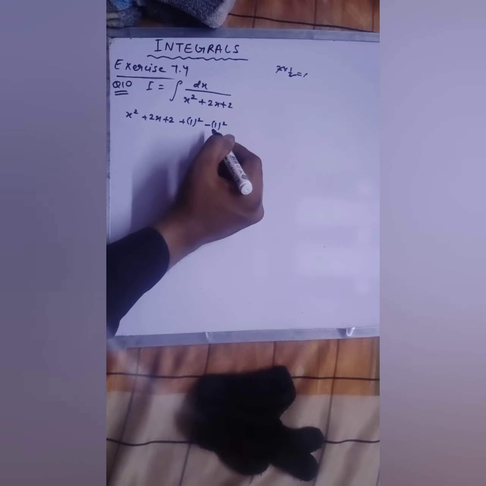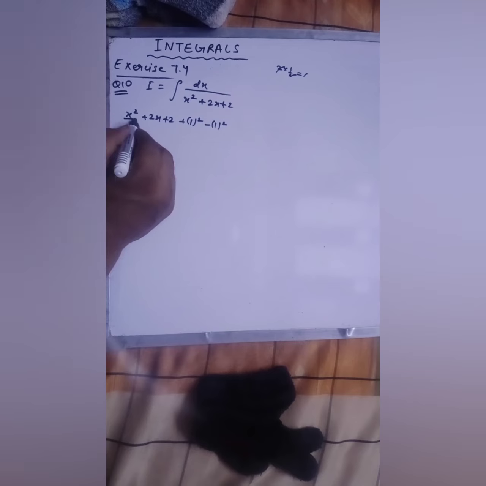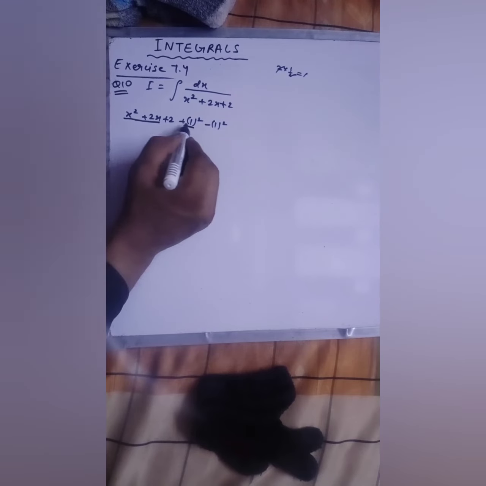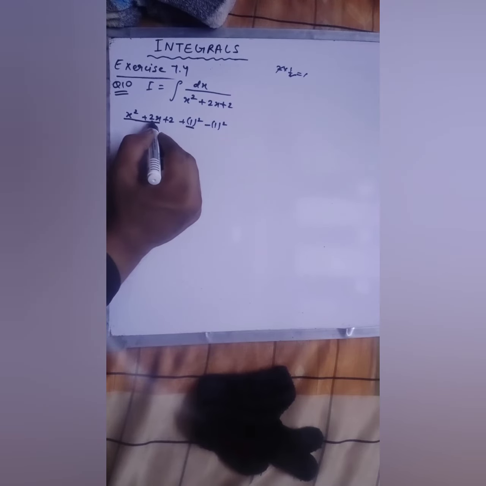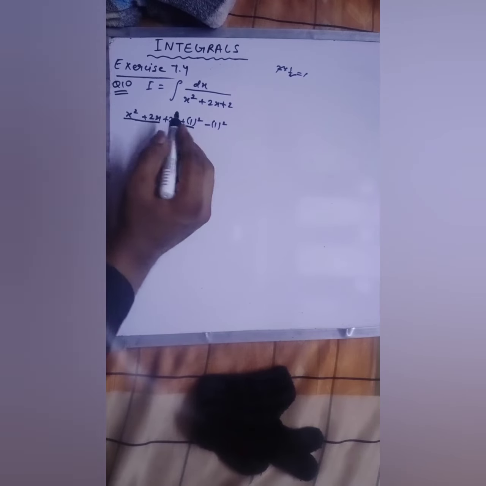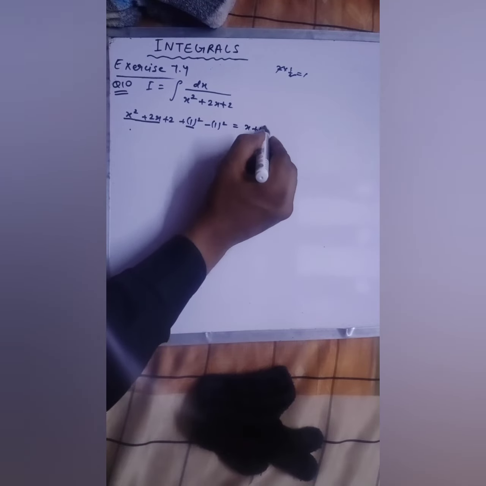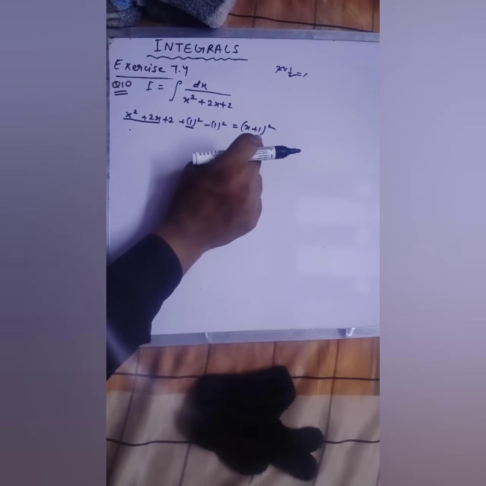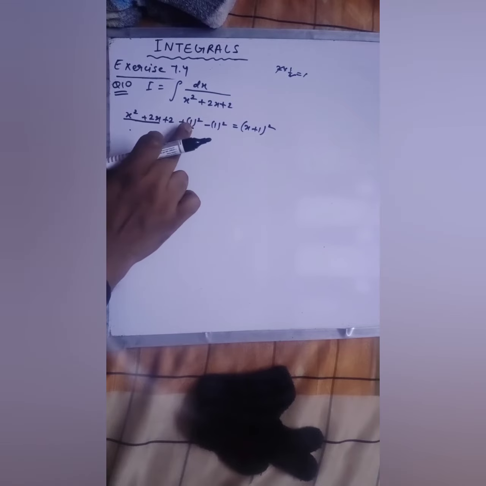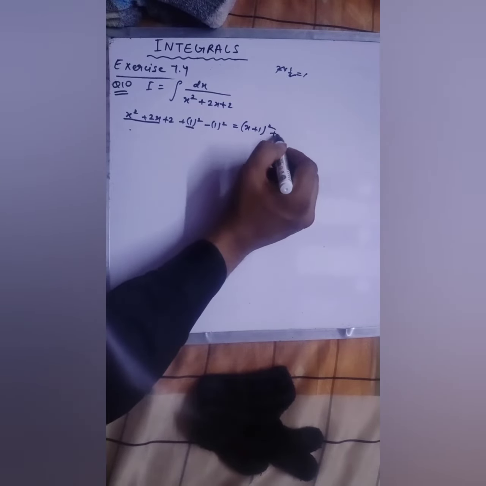Okay, so as you can see, this is your a square, this is your b square, and this is your 2ab. x square plus 1 square plus 2x. So in place of this you can write x plus 1 whole square, because when you open this you will get the same terms, and here you are getting 2 minus 1.